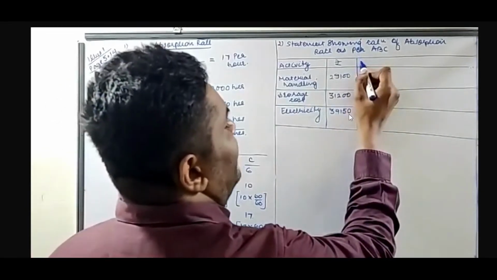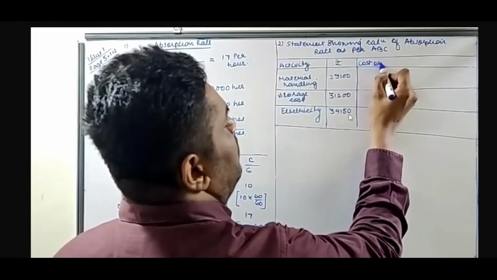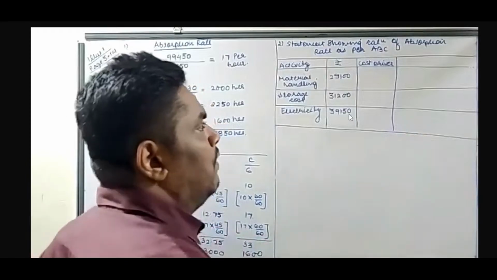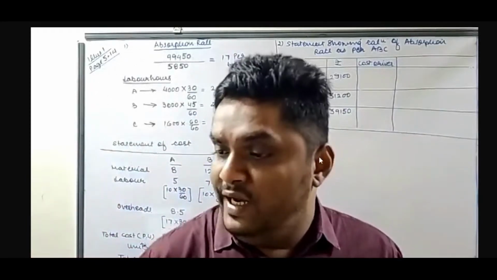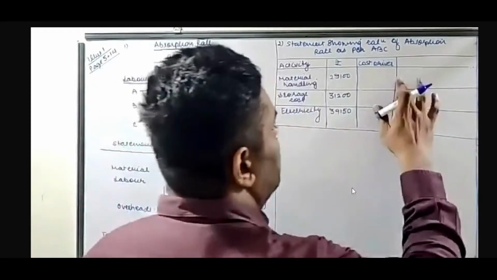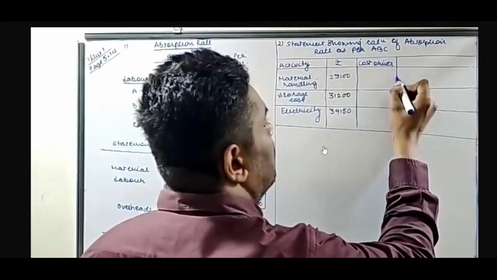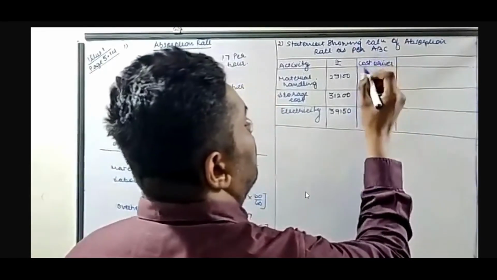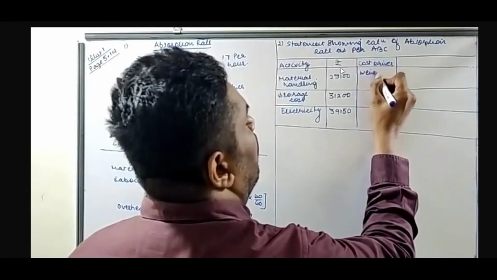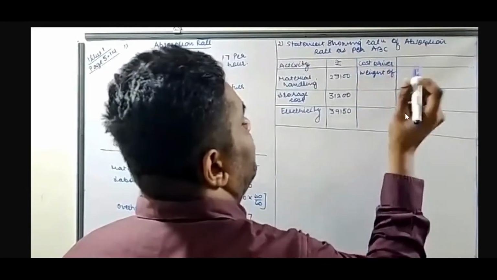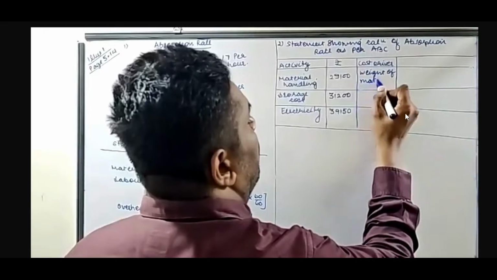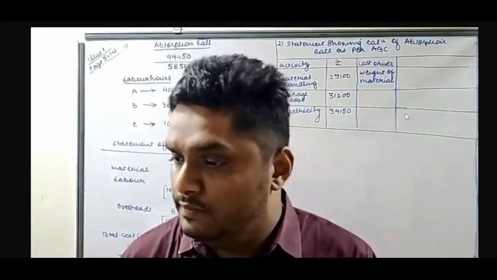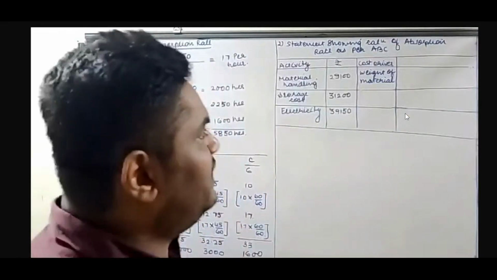Now the cost driver, that is the driver relating to a particular activity. So weight of material handled. Number of batches of material.